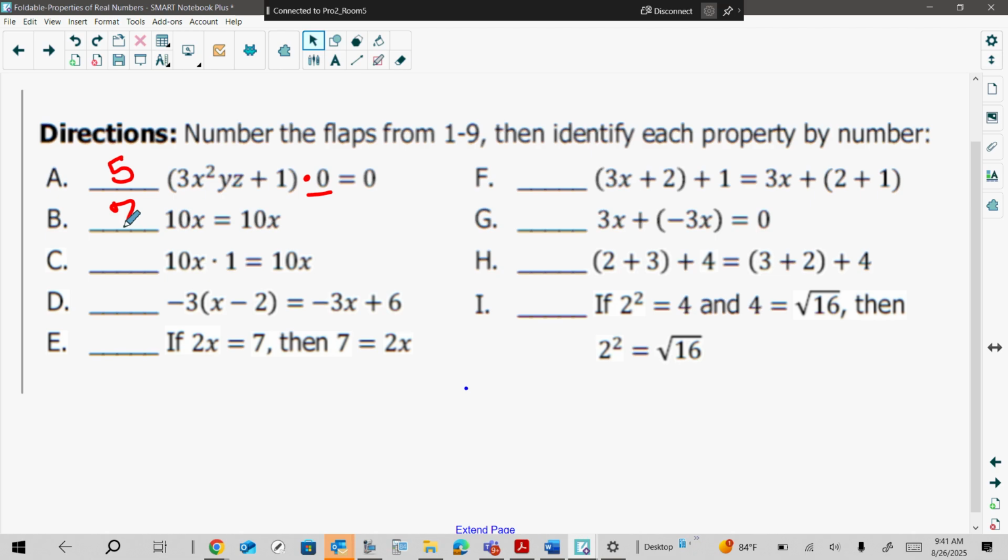We're identifying the property. Okay, 10x times 1 equals 10x. It remained the same. Just 7, right? So that would be which property? 7. No, it's not 7. 7 is reflexive. It's an identity. It's number 3. Number 3. Yeah.